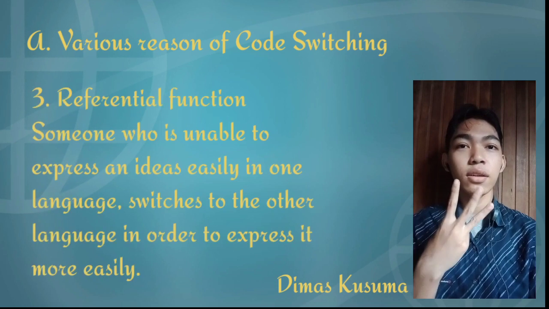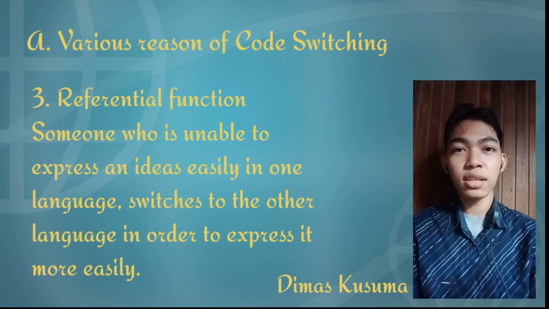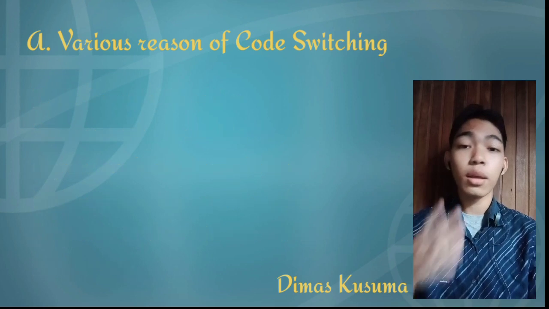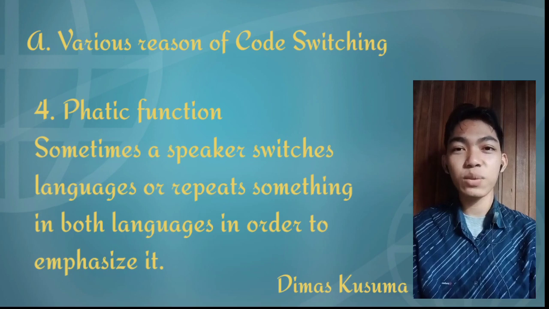Number 3. Referential function. Someone who is unable to express an idea easily in one language switches to the other language in order to express it more easily. This seems to be very common among bilingual children and immigrant families. Number 4. Phatic function. Sometimes a speaker switches languages or repeats something in both languages in order to emphasize it.